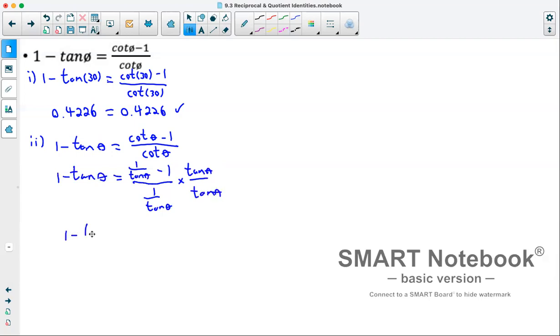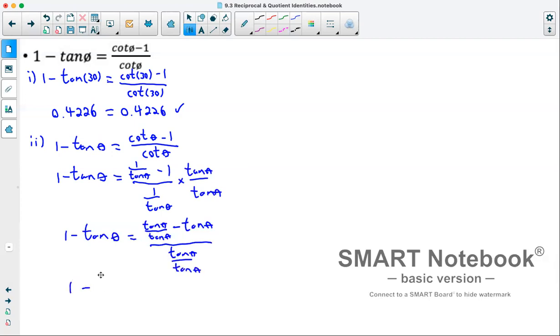So that's going to give me 1 minus tan theta equals tan theta over tan theta minus tan theta over tan theta over tan theta.